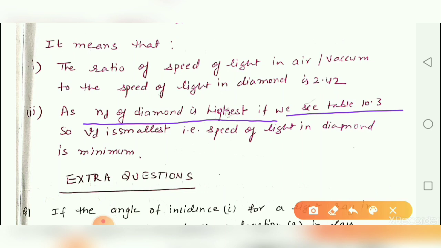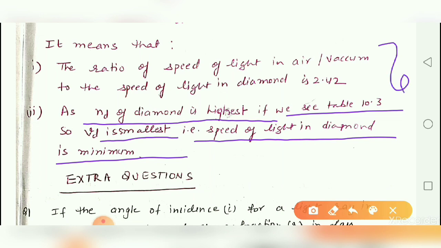So Vd, the speed in diamond, is smallest, so the speed of light in diamond is minimum. These are the two conclusions which can be drawn from this statement. Whenever any other medium is given along with the value of its refractive index, you can write these two as the conclusion of that statement.